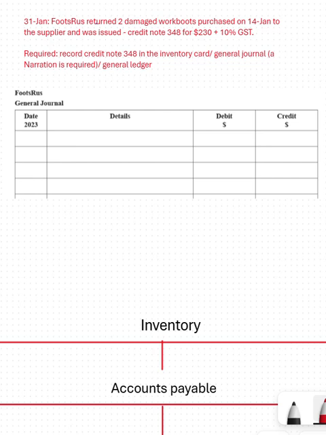All right, the next step is we're going to record that return in our GJ. I'm going to start with the inventory account, which was an out. So therefore, as specified up here, $230, that's going to be a credit to our inventory account. Now, there's a GST component.